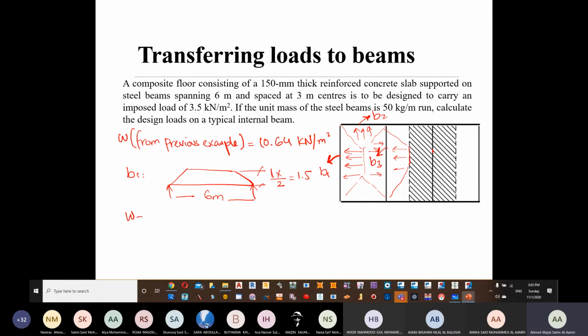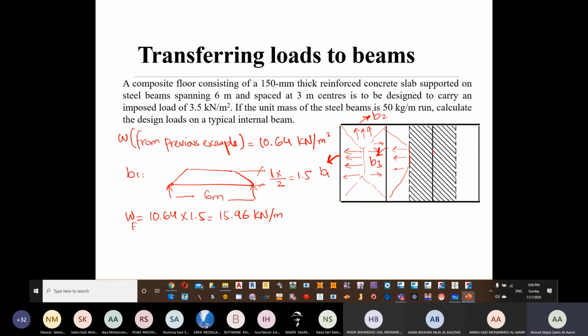So W final is going to equal 10.64 multiplied by 1.5. That is going to give you how much? 15.96 kilonewton per meter.